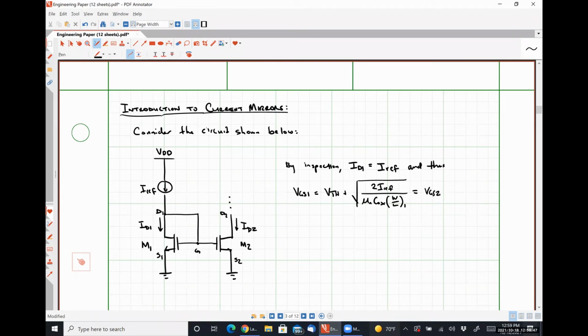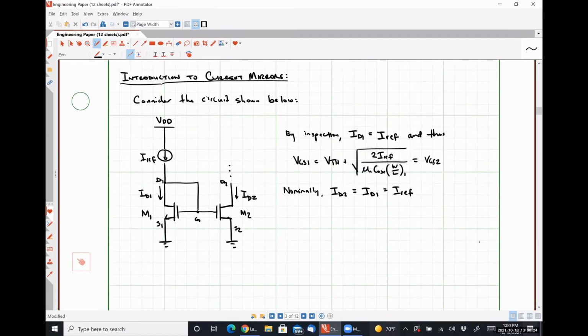Since VGS2 is the same as VGS1, nominally, ID2 must be equal to ID1, must be equal to IREF. So that's why this guy is called a current mirror, right? Our reference current is mirrored by all of the transistors connected out to the right, okay?